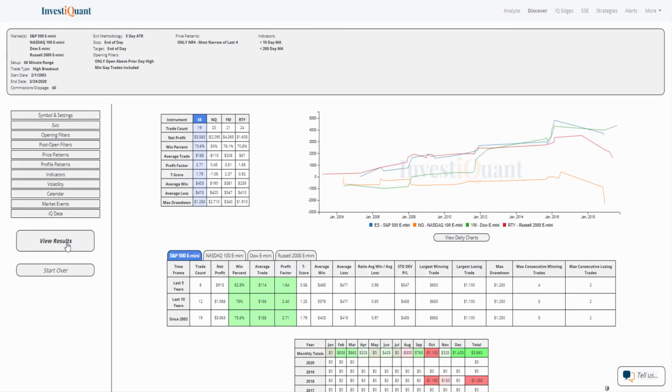This will give us the results of going long one tick above the high made in the first 60 minutes of regular trading hours. So anytime it breaks the high that's made between 9:30 a.m. Eastern time and 10:30 a.m. Eastern time, it would be going long and holding until the close of the regular trading hours, 4:15 p.m. Eastern time.